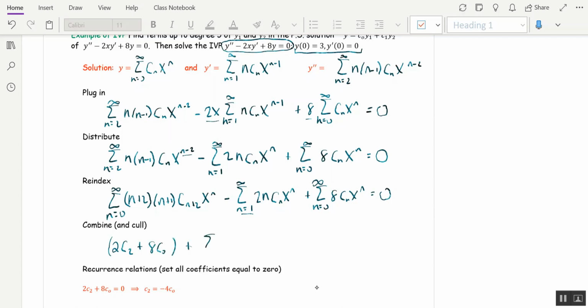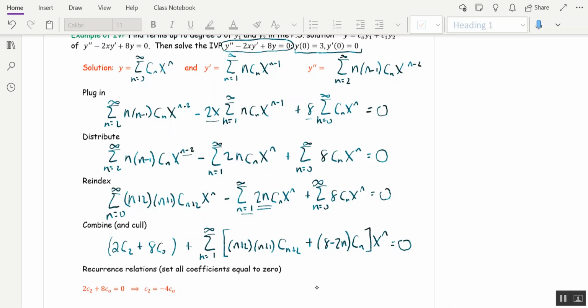And then I get plus sum n equals 1 to infinity, big bracket, and I'm going to combine. So I've got n plus 2, n plus 1, cn plus 2, and then I'm going to write this as plus 8 minus 2n cn, and then close bracket, x to the n equals 0.